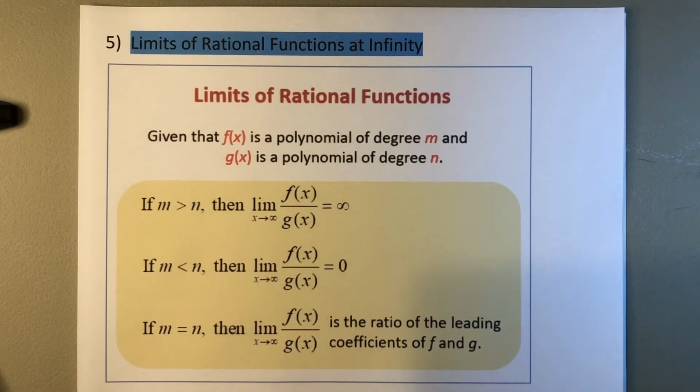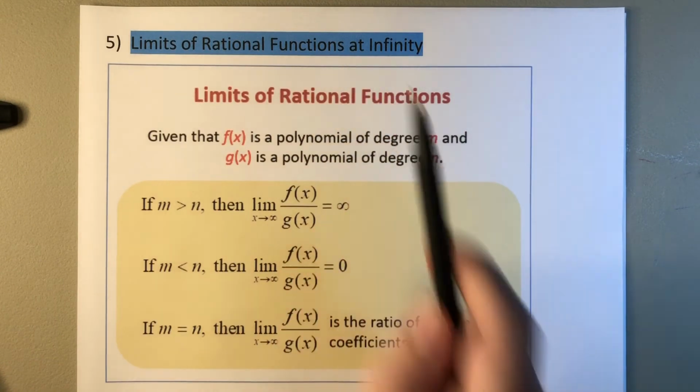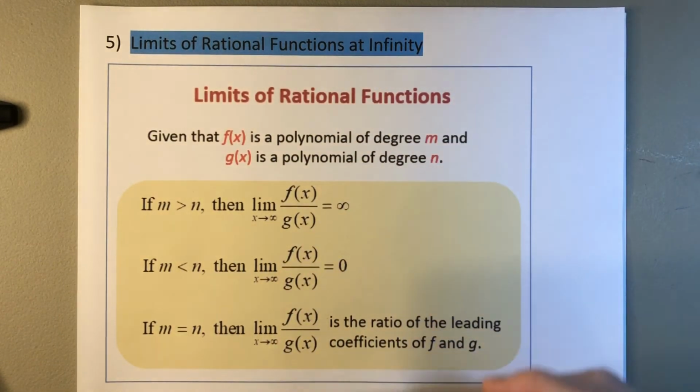The final topic of discussion in section 9.1 would be limits of rational functions at infinity. So I'll let you look at this theorem, and hopefully these 3 pieces of information will be very helpful to you in determining limits of rational functions at infinity.